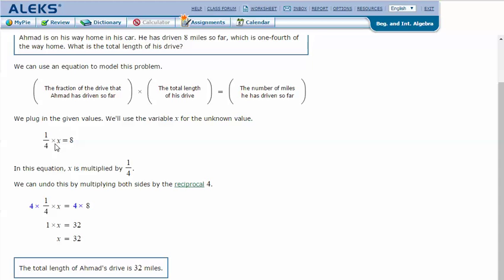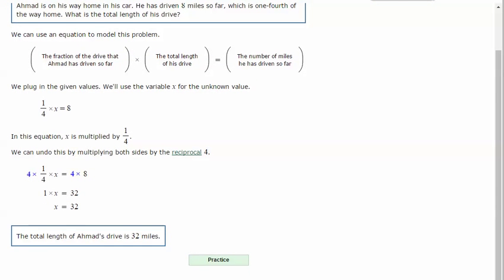We don't know what the total is, but 1/4 of his drive is 8 miles. And so 1/4 times x is 1/4 x equals 8.